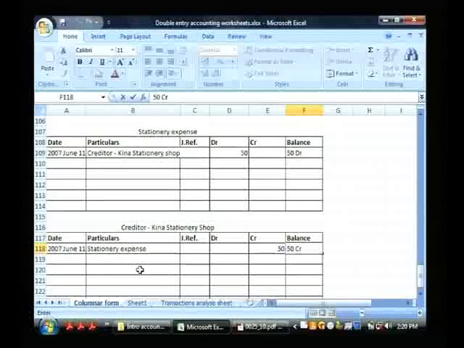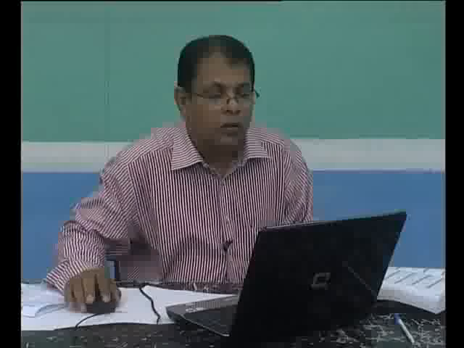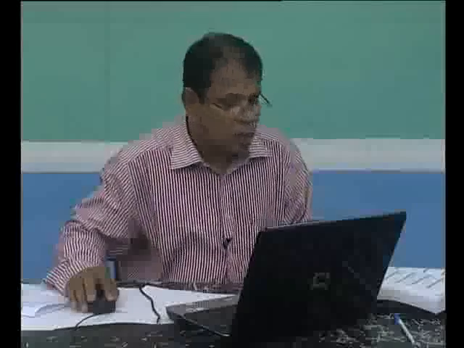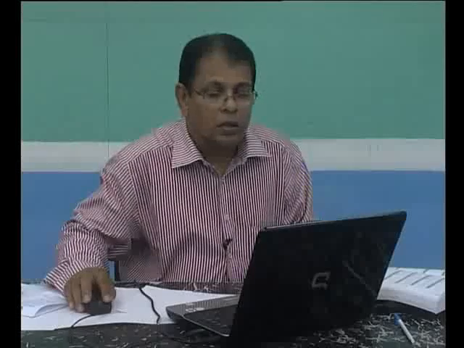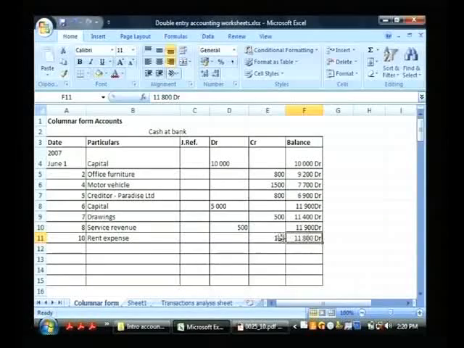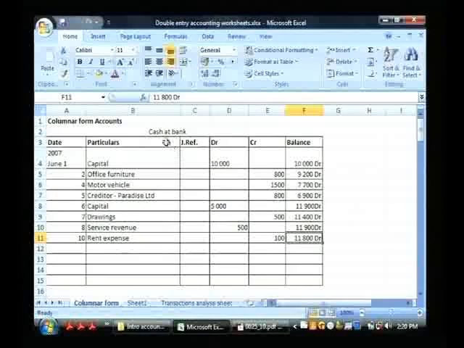Now we have completed all the ledger accounts. Now you can compare with your T accounts and also the trial balance. Even the T account, cash at bank account, shows 11,800. Here it is the columnar form.